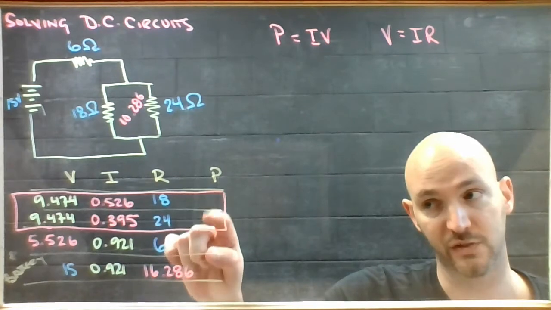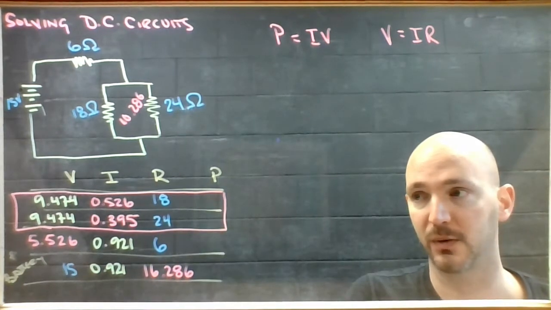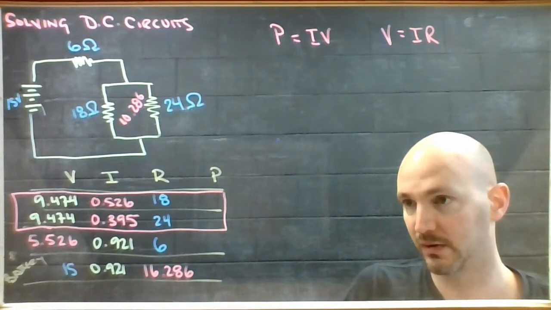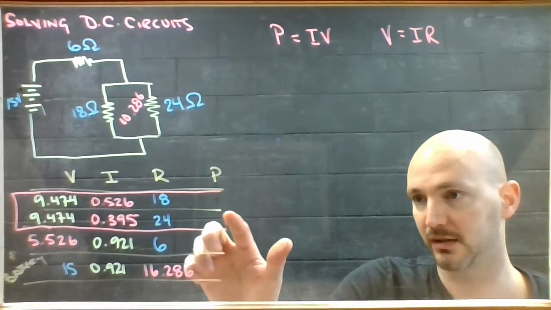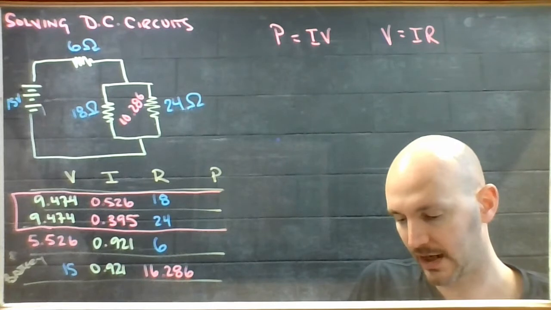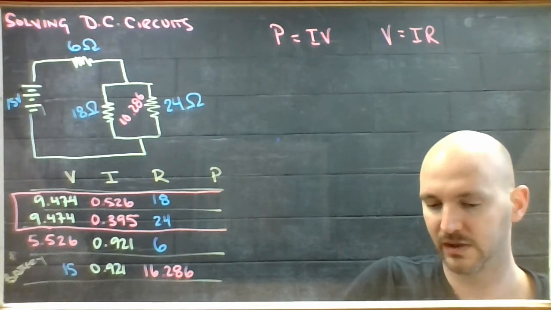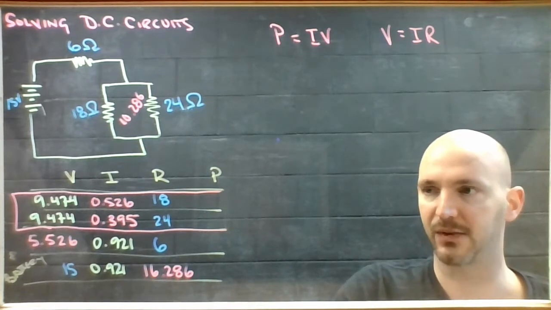Last thing to finish are my power ratings for all four components. Power is, of course, current times the voltage. So I need a bigger box here again. 9.474 volts multiplied by 0.526 amps gives me 4.983 watts.